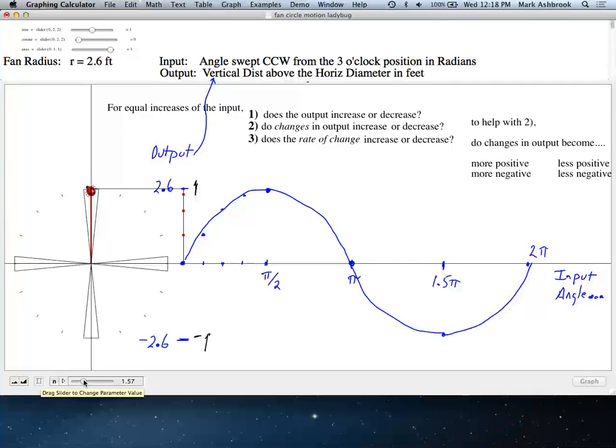Radius. 1 radius, right? So we can consider this fan to have a radius of 1 if that 1 just means the radius. Okay, so we can change this output up. Instead of looking at it in feet, we can say in what we call radius lengths.